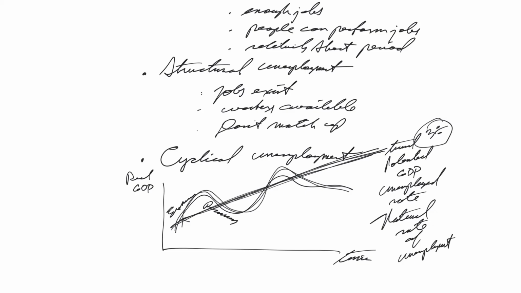So we've got our sustainable GDP of 3, and the natural rate of unemployment that goes along with that is somewhere, not being real precise here, about 5%, roughly, ballpark. It used to be considered to be 6% a while back.